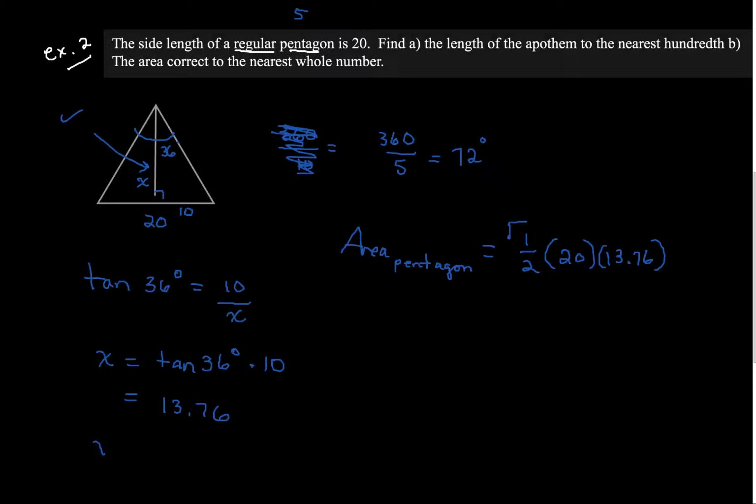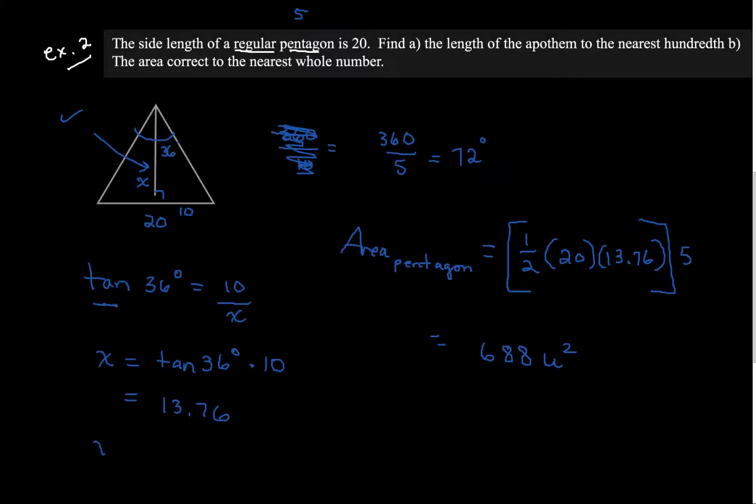And then we take this whole thing, there's going to be 5 triangles, times 5. And so we're going to get the area equals 688 square units. So units squared.